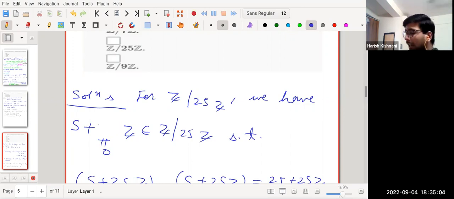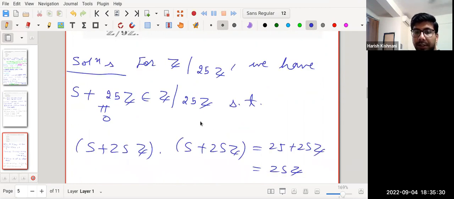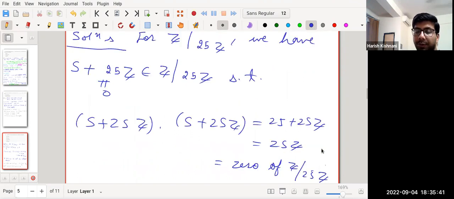Let me write it more clearly. So it is some non-zero element inside Z modulo 25Z, such that if you multiply the element with itself, then you will get 25 plus 25Z, that is 25Z again, which is the zero of your Z modulo 25Z.